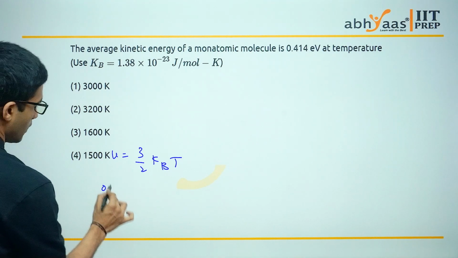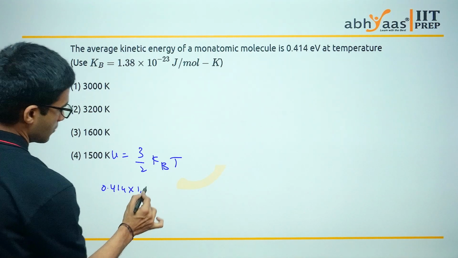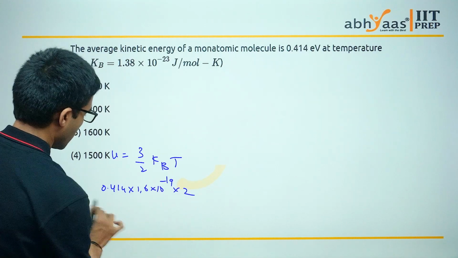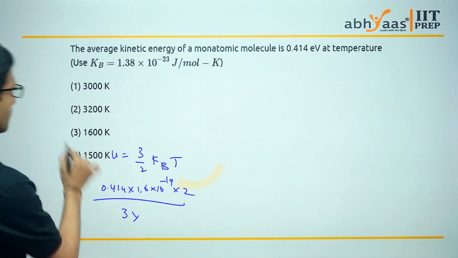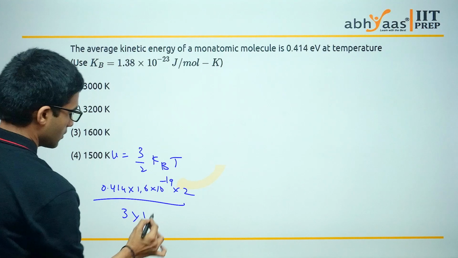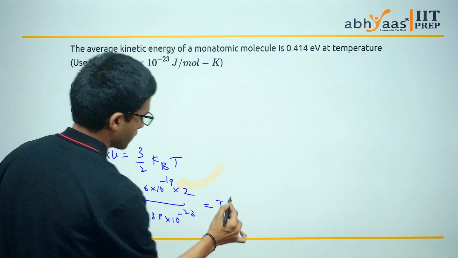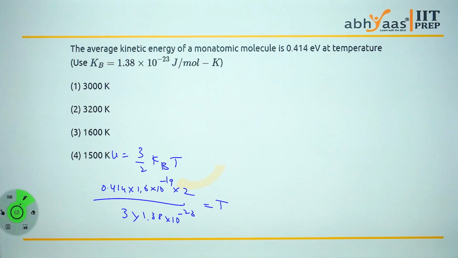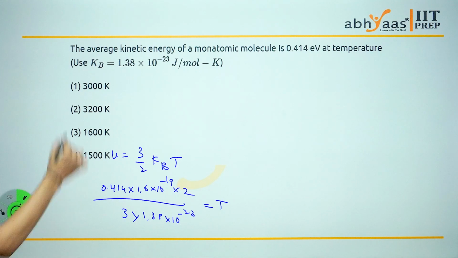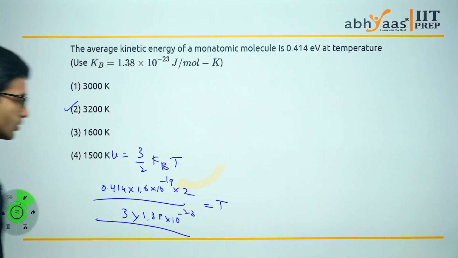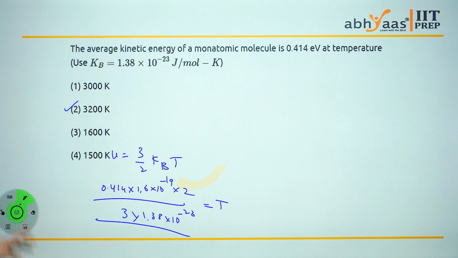So here 0.414 electron volts means 1.6 into 10 power minus 19, into 2 by 3 into the kB value, 1.38 into 10 power minus 23, is equal to temperature. If you calculate this, the temperature will be around 3200 Kelvin. This is the answer. Simple calculations, just try to do this.